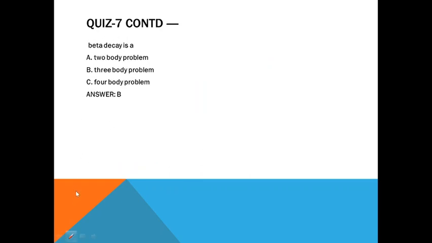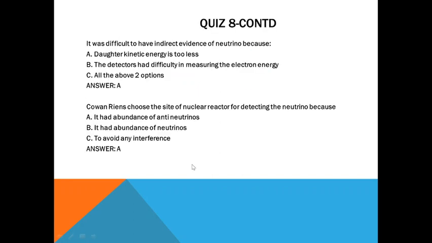Beta decay is a two body problem, a four body problem, or a three body problem? It's a three body problem: daughter plus electron plus neutrino. After the decay, it's a three body problem.